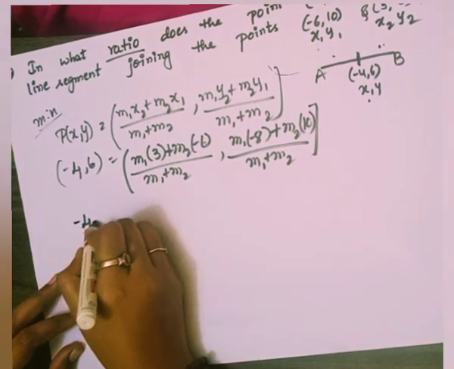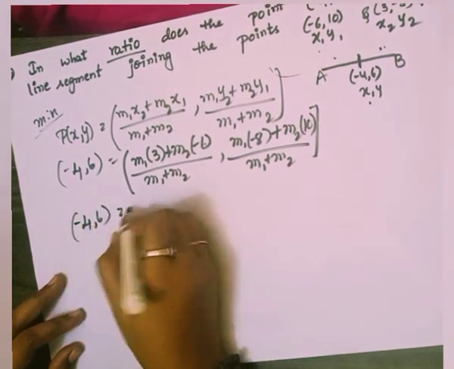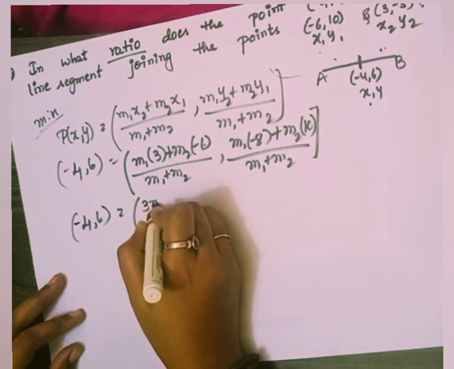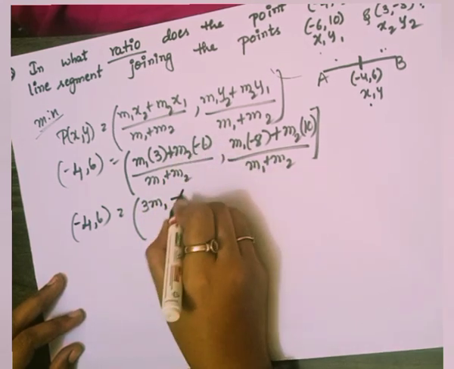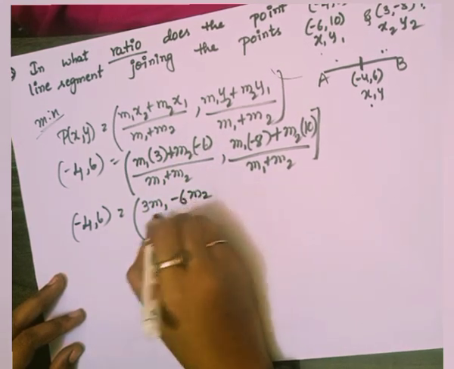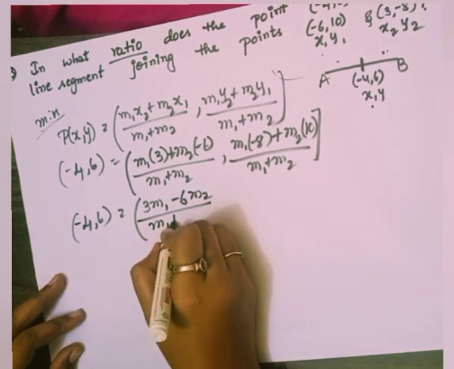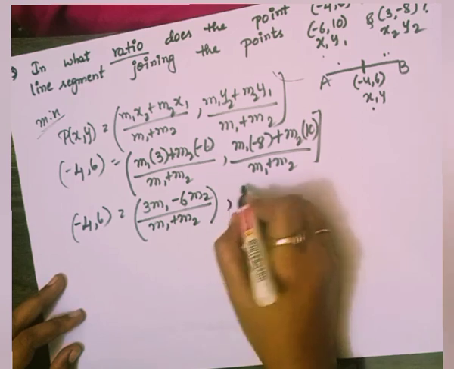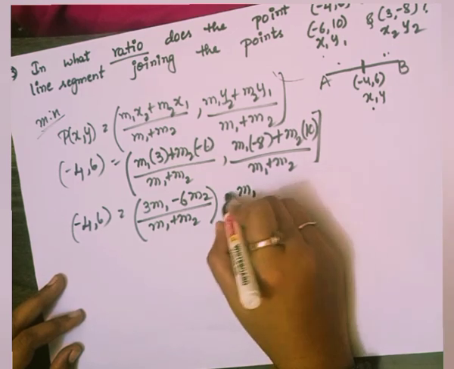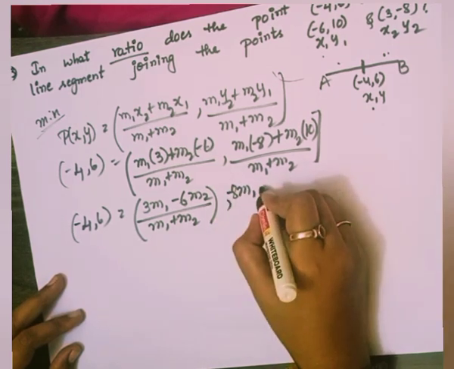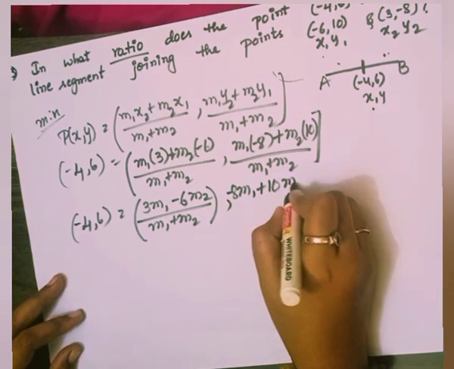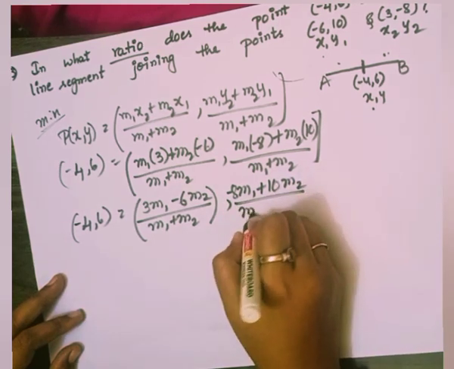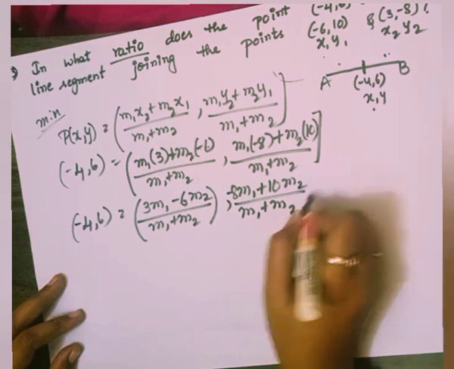Now we will multiply that, because with the digits we will do, then we will get 3m1 plus into minus 6m2 divided by m1 plus m2 comma m1 minus 8m1 plus 10m2 divided by m1 plus m2.